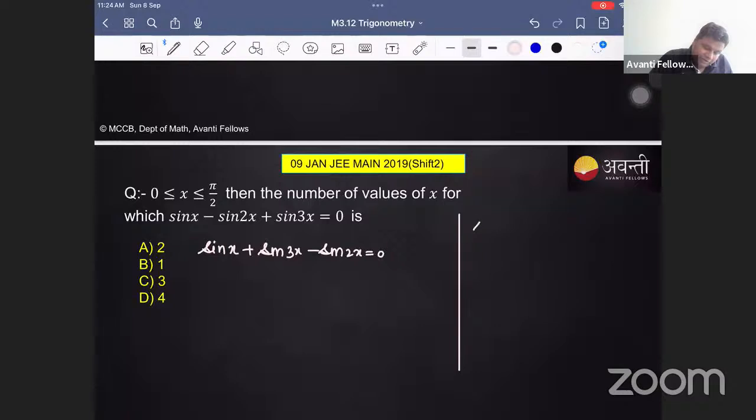Now, the first formula which I am going to use here is sin C plus sin D. Anybody in the class who would like to let me know what is sin C plus sin D? Anybody? Would you like to speak? Anybody who would like to say something?